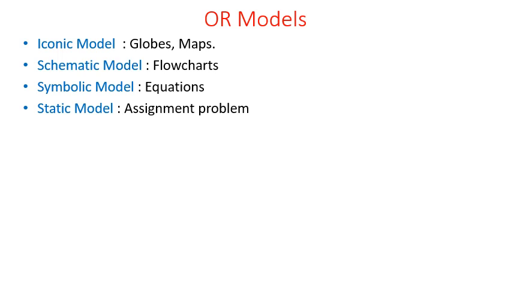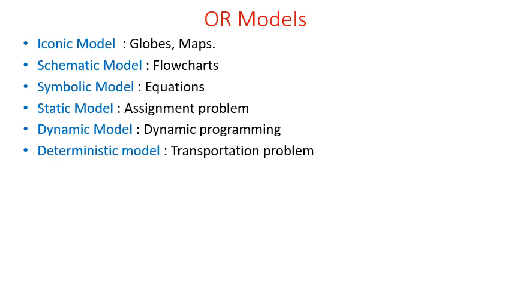Example is an assignment problem. Dynamic model, again a model which is influenced by time. That is, it represents a situation influenced by changing times. Dynamic programming is again an OR tool which is dynamic in nature.